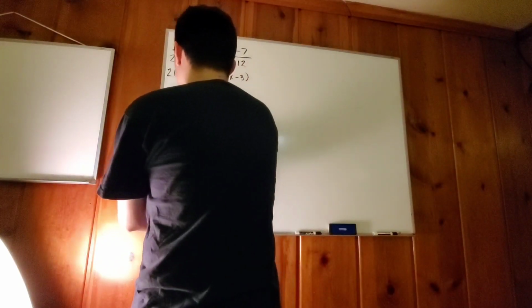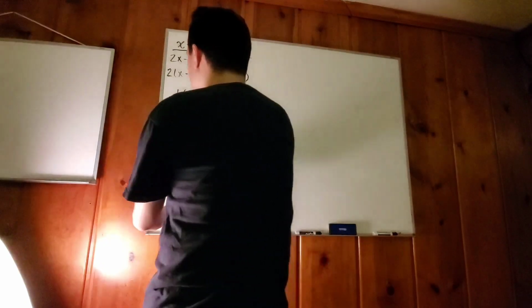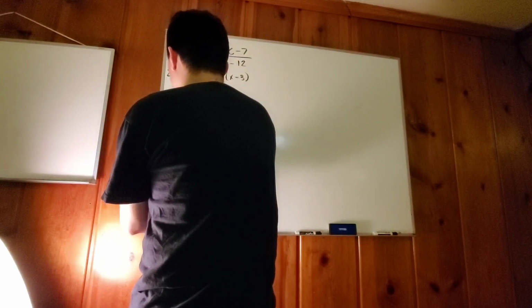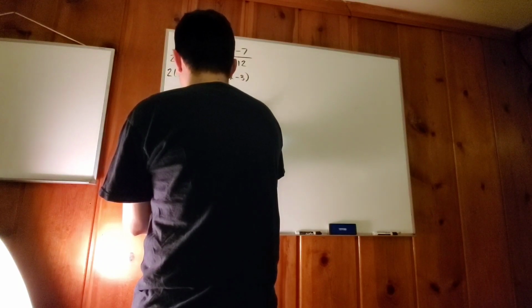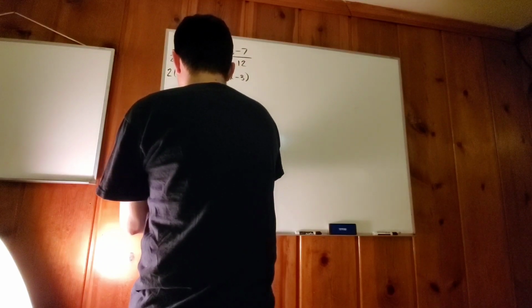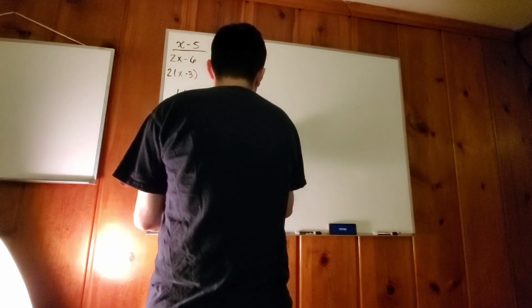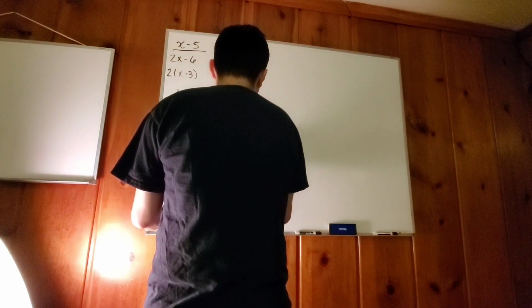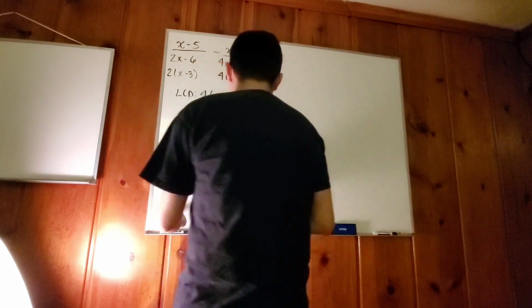And that makes it a lot simpler for this one, because in here, I don't have to multiply by anything. It's already there. In here, I have to multiply by 2 over 2. And so it's going to be x minus 5 and 2x minus 6, minus x minus 7 over 4 times x minus 3. Okay?